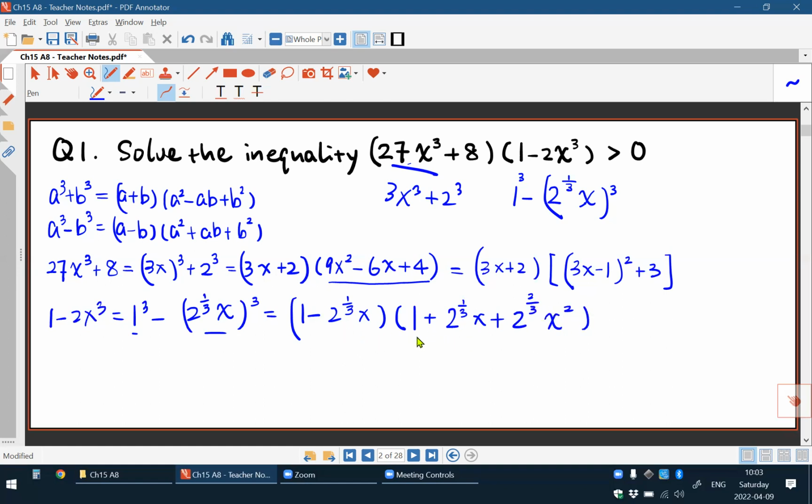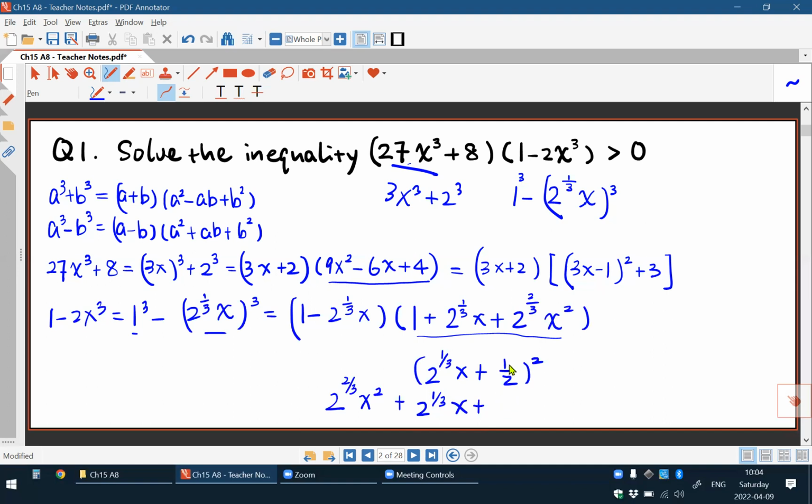Then let's try writing this in a vertex form. So we can try to use 2 to the 1/3 x, then plus, probably we should try 1/2, right? Square. And if you expand it, this squared is 2 to 2/3 x squared, which is the term here, then plus 2ab, which is 2 times 1/2 is 1, then times this term, which is 2 to the 1/3 x, which is the second term, right?